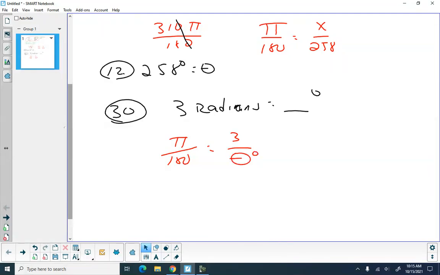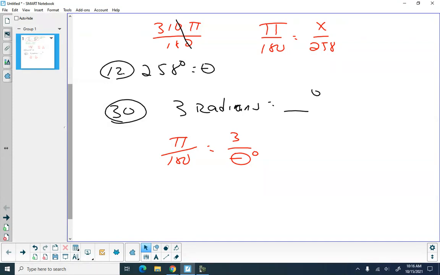We are diagonally multiplying and dividing by the third value. So we are solving a proportion. Once again, you can use your pi button on this one because they want an approximation. So if they want an approximation, we can hit our pi button in our calculator. So we have 3 times 180 divided by pi.